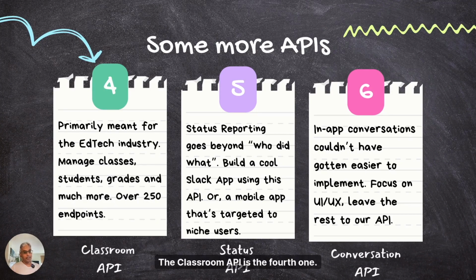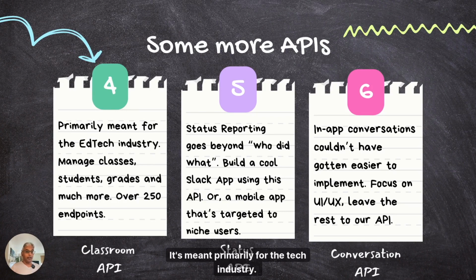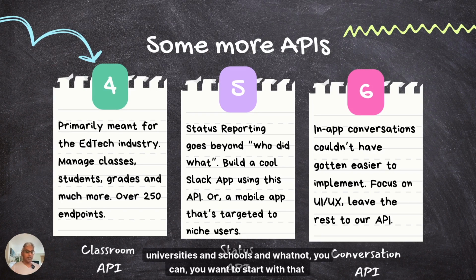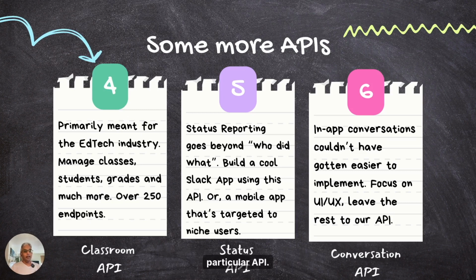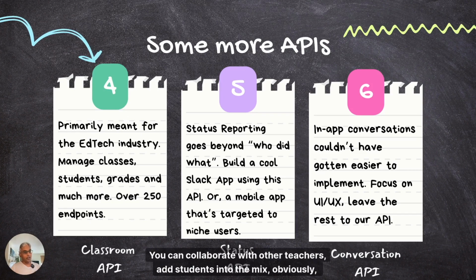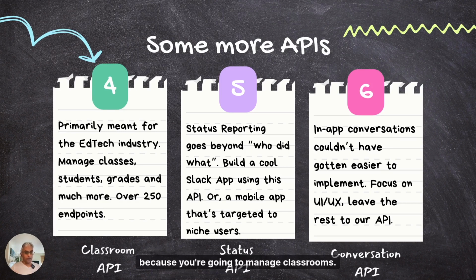The classroom API is the fourth one. It's meant primarily for the edtech industry. So if you're building solutions for teachers and professors and at universities and schools and whatnot, you want to start with that particular API. It actually has a lot of related features. You can collaborate with other teachers, add students into the mix, obviously, because you're going to manage classrooms.